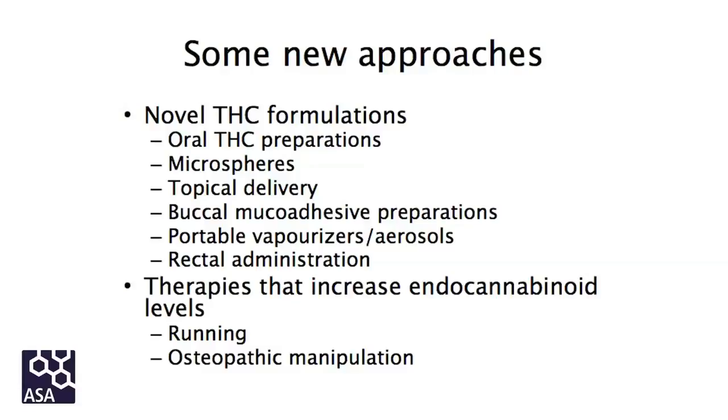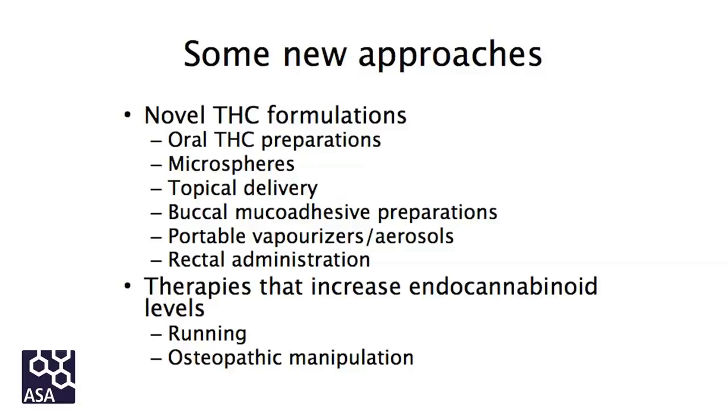And while the endogenous cannabinoid system seems to be a very powerful, a very important, and a very intriguing system for controlling pain and other symptoms, there are ways that we can use this that don't involve taking any drugs at all. Running raises your endogenous cannabinoid tone. There's been work by John McPartland suggesting that osteopathic manipulations raise your endogenous cannabinoid tone.